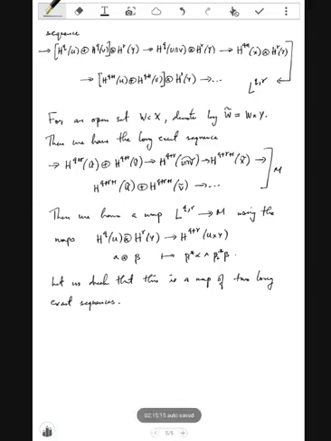That is, we need to check that certain diagrams commute. So we need to check that the following three squares commute.